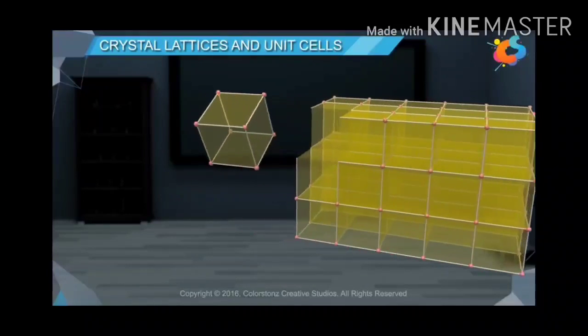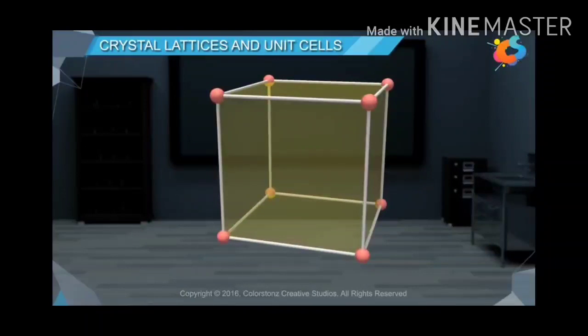So we can say that here you can see the crystal unit cell. In the unit cell there are basically three edges, A, B and C, in the X, Y and Z directions. We will also have three angles between the edges.